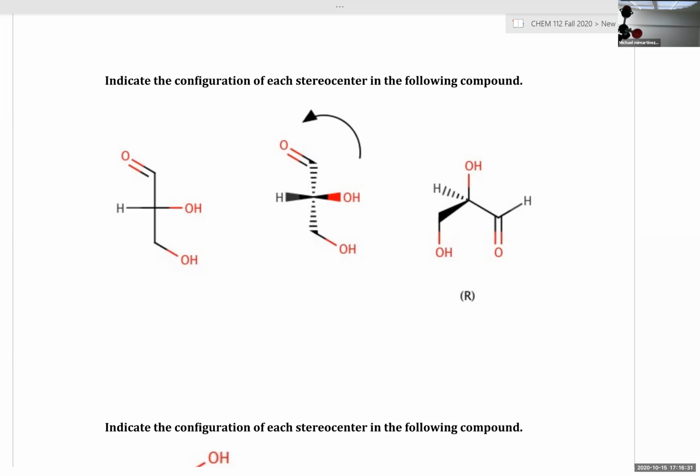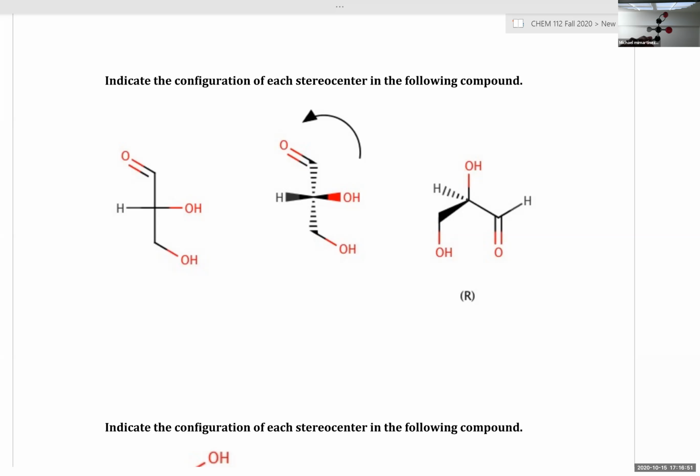Here we go. Okay, so here is our model of the following structure. First, does everyone notice how the hydrogen and hydroxyl group are pointing out of the page?